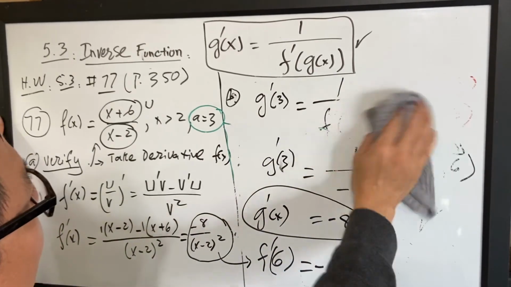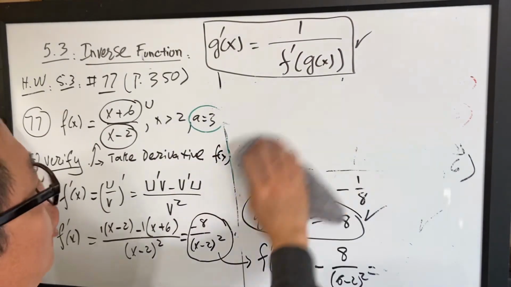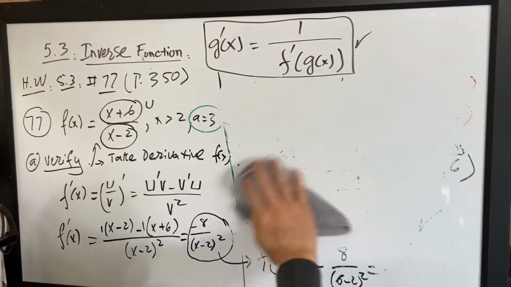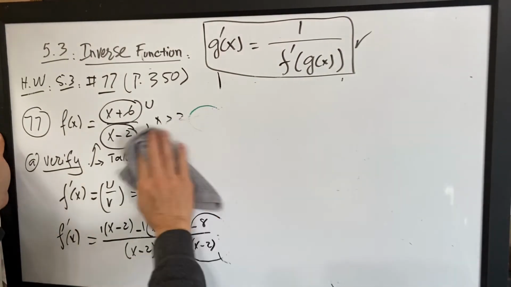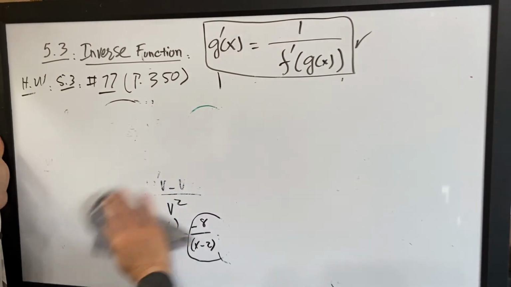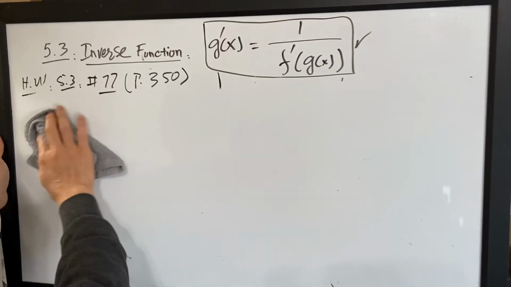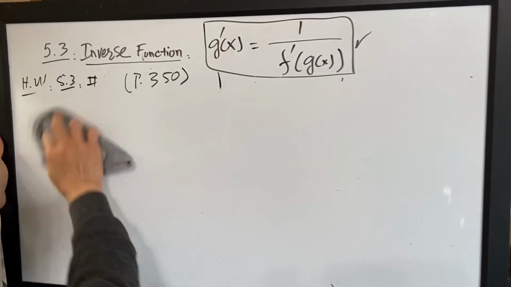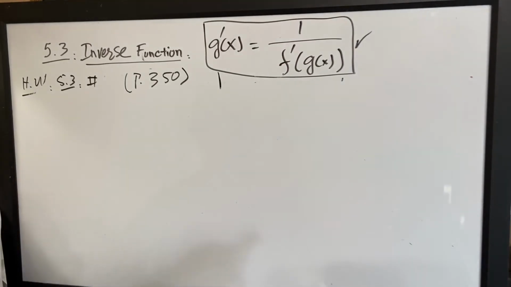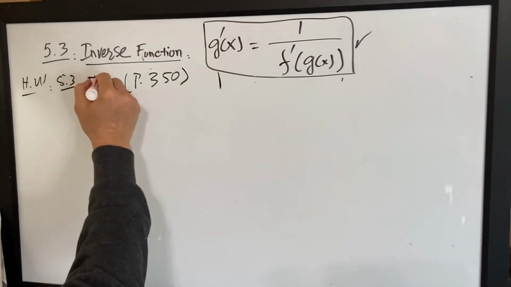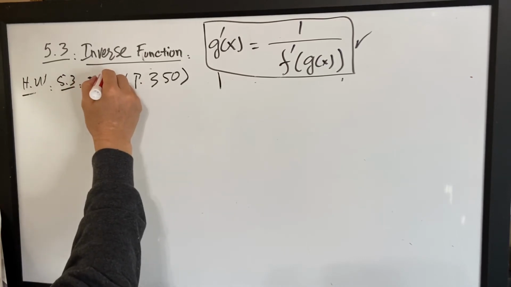I'm doing a few problems to get you warmed up to inverse functions before I jump into 5.4. Number 86 is also a similar problem to your homework as well. I'll put that there for you as a good thing to memorize.